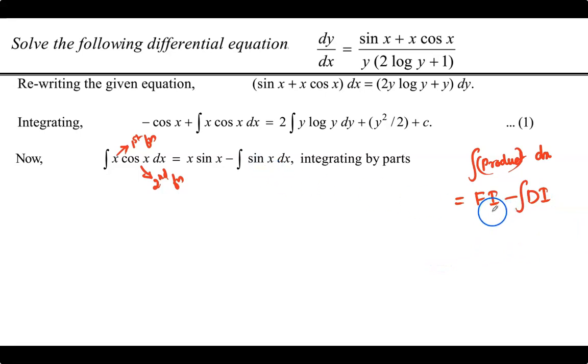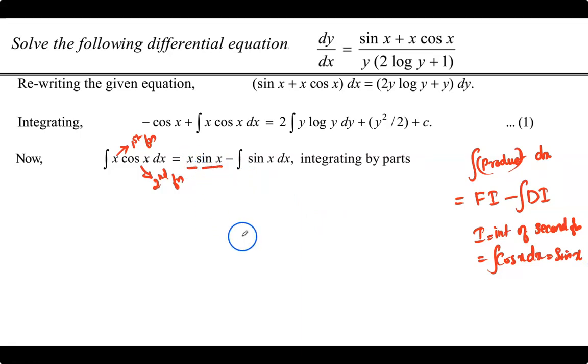So we have first function x into integral of second, which is the integral of cos x, and that is sin x. So we have x into sin x, minus integral of derivative of first, d by dx of x, the first function, which is equal to 1.